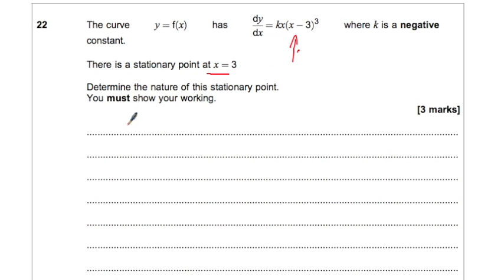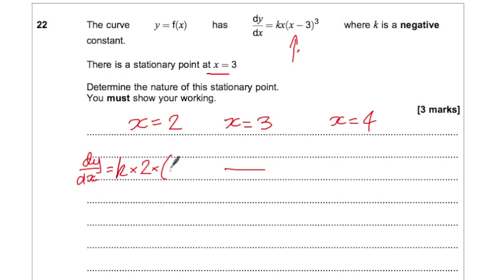So what I think we should do is work out dy/dx when x is 2 and when x is 4. So we know when x is 3 that it's 0, it's a flat line, a horizontal line. So if we sub in 2, dy by dx will be k times 2 times (2 minus 3) squared.